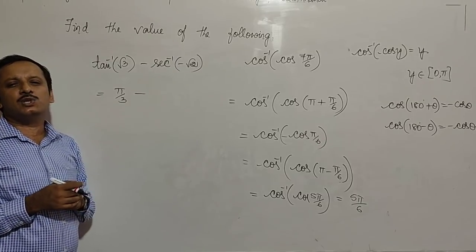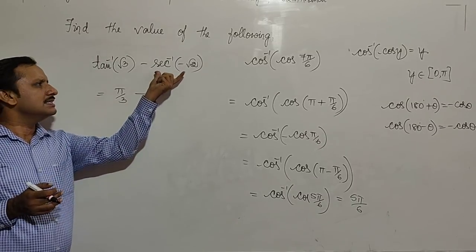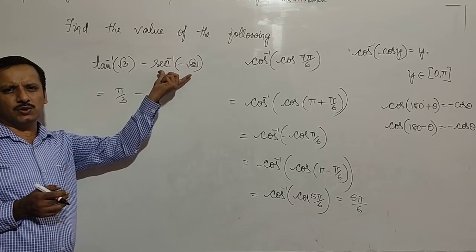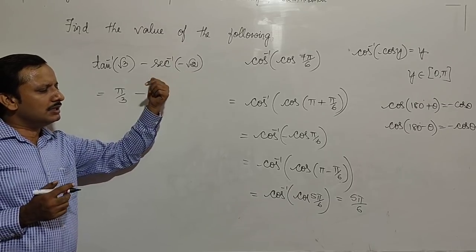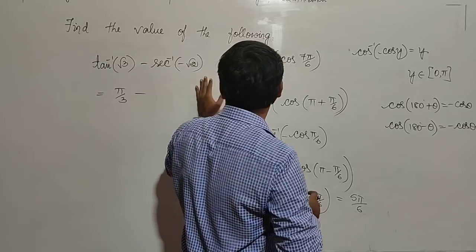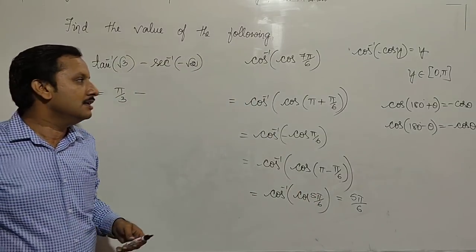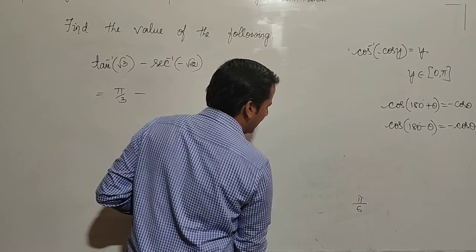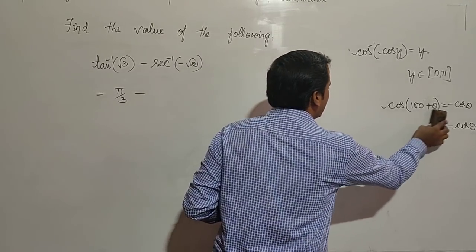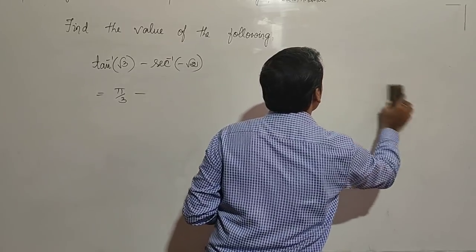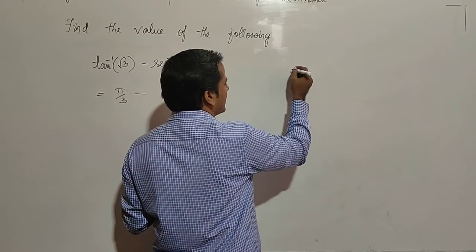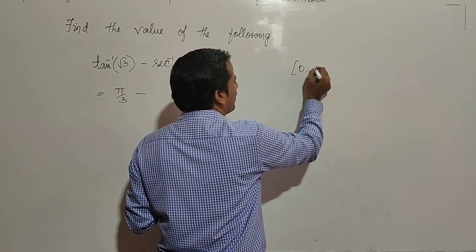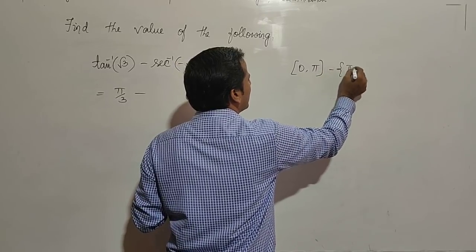Then, secant inverse of minus root 2. For what angle? You know the principal branch of secant inverse is the closed interval 0 to pi except pi by 2.